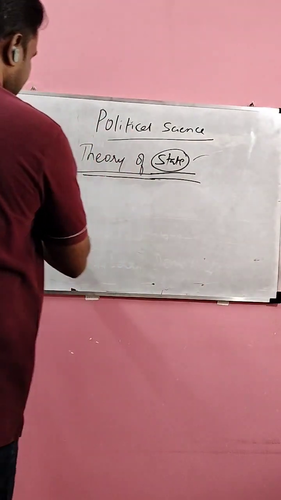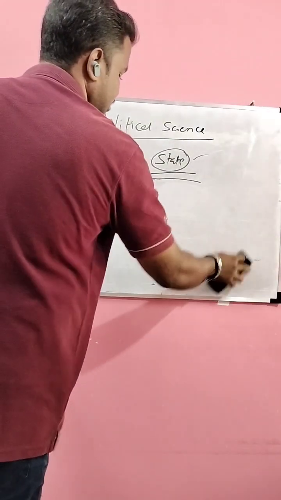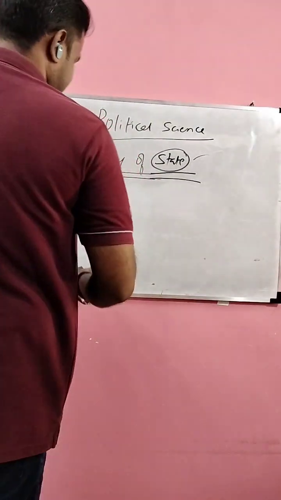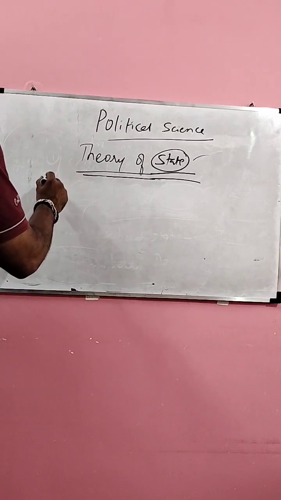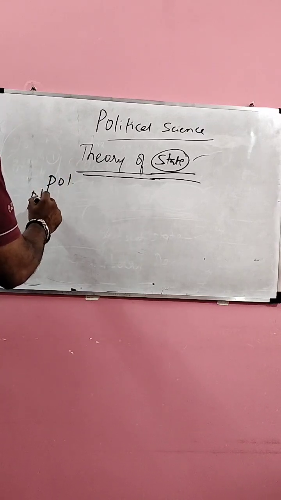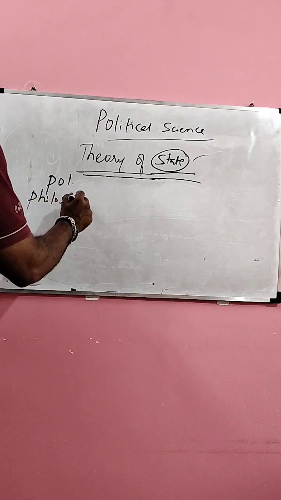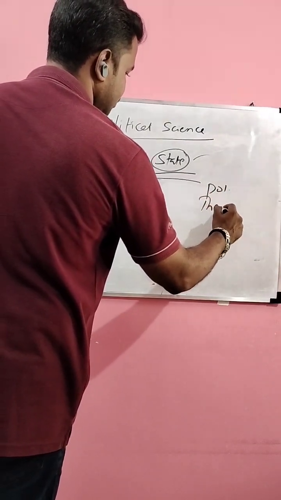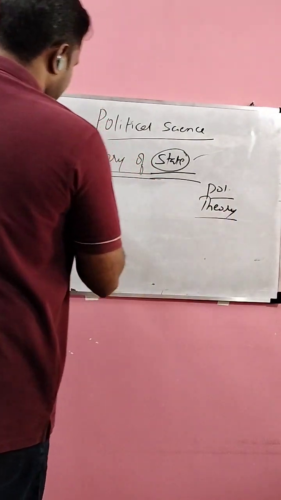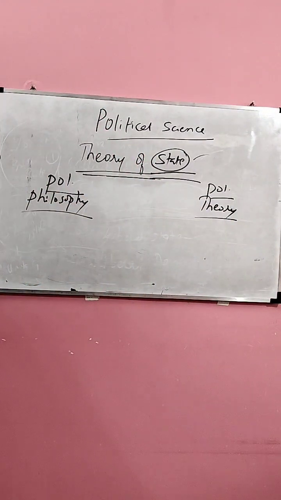In political science, there are two important aspects. One is political philosophy and the other is political theory. Some scholars give more importance to political philosophy, some give more importance to political theory.